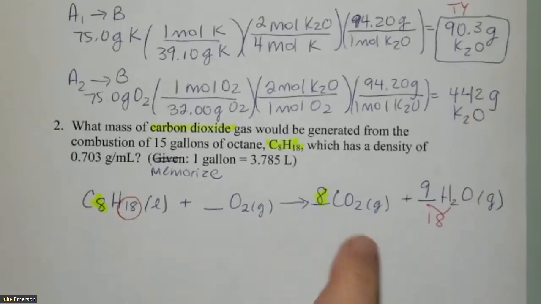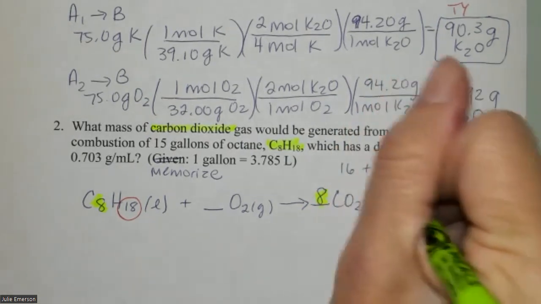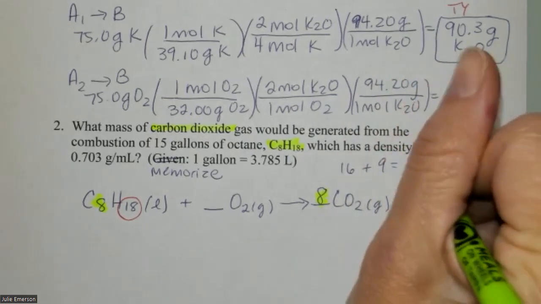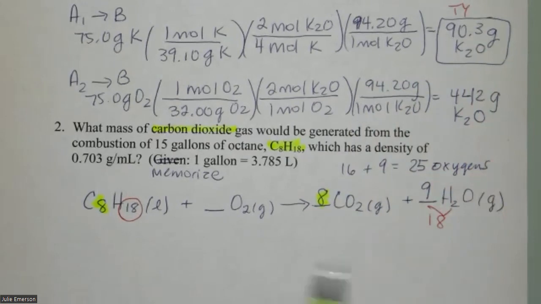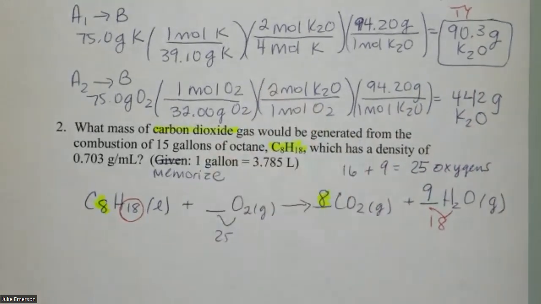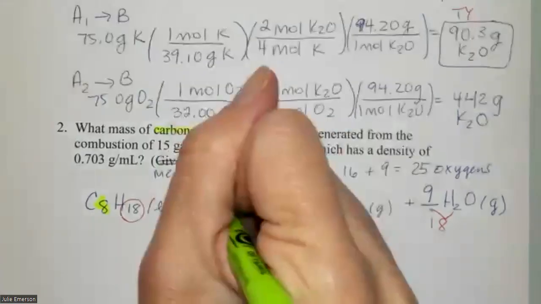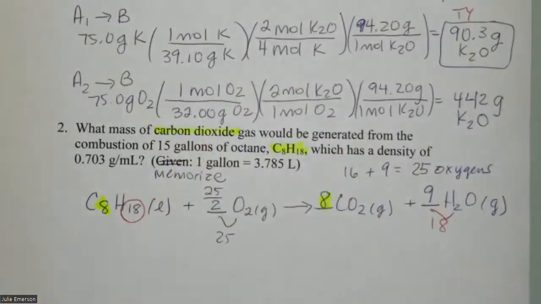When I go to calculate my oxygen now, I've got 8 times 2, which is 16. And then another 9 in the water. So I have 25 oxygens. So on the product side, to get me to 25, you can either put 12.5 in front of O2, or you can put 25 divided by 2. All right, and again, I think fractions are fine, so we're gonna leave it there.